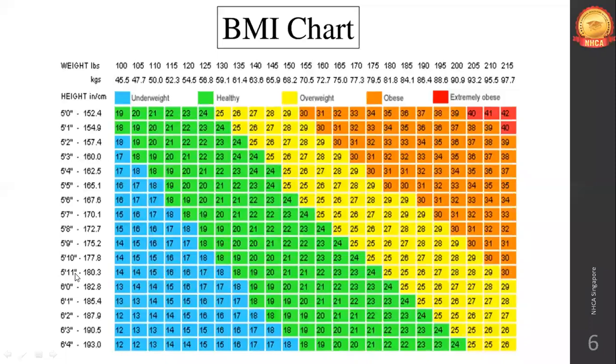So let's take a person who is 5'9", 175.2 height in centimeters. Sorry, what's their body mass index? What's the proper body mass index for them?